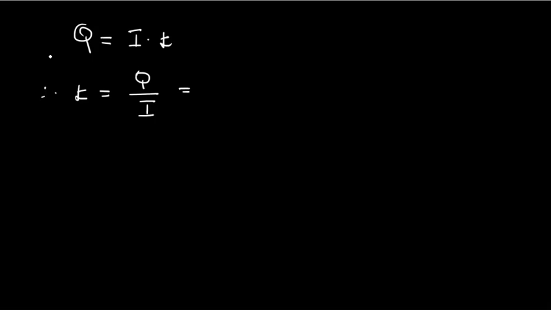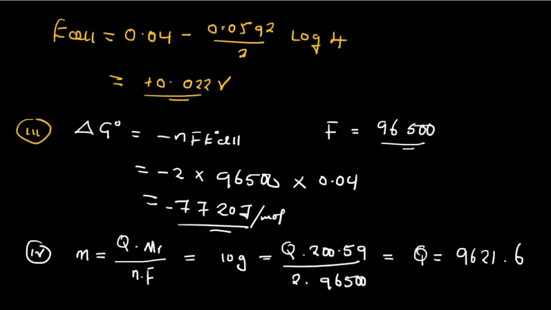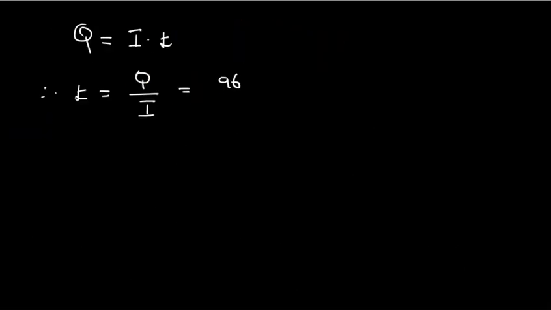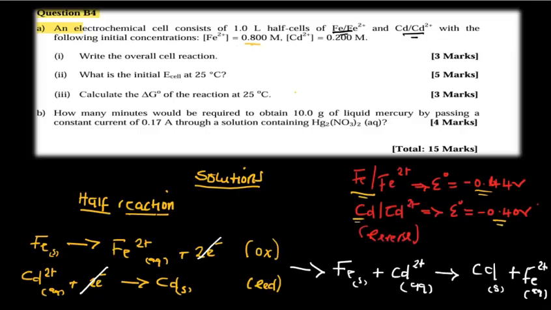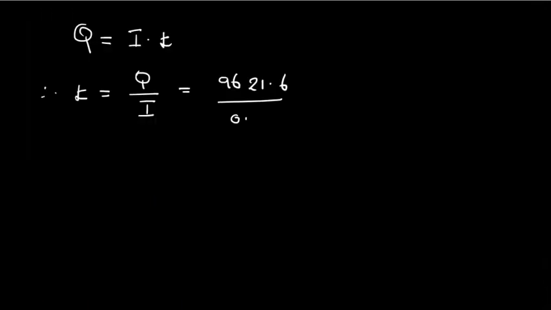So in this case we are saying time is equal to 9621.6 over 0.17, because according to the question the current is 0.17.